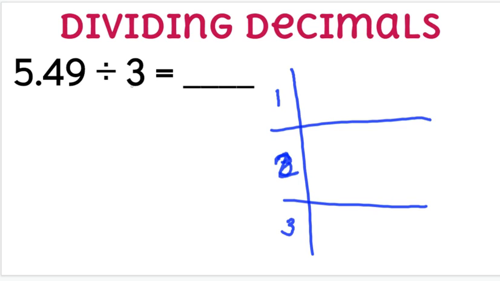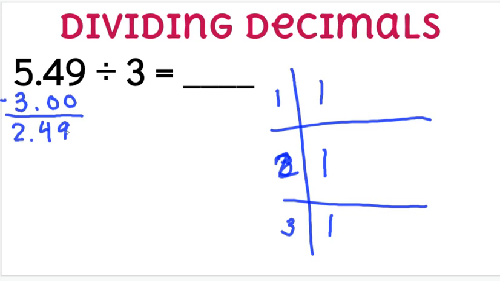So if I'm thinking about wholes, I can make 1 whole in each group, and that would take away 3 wholes from our total. I'm going to add placeholders. So I have 2 and 49 hundredths left. If I want to now think about how many groups of 3, I can't make wholes, but I could say like 5/10. 5/10 times 3 is 1 and 5/10.